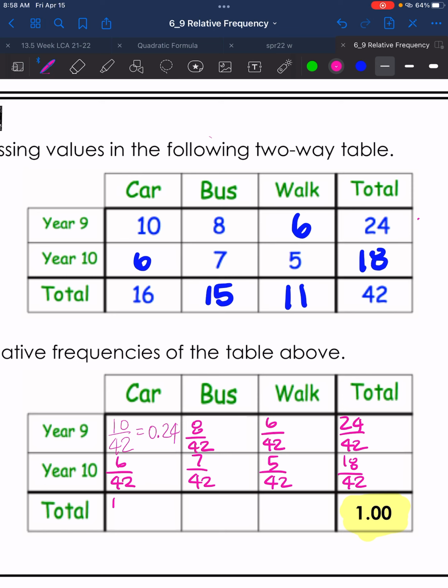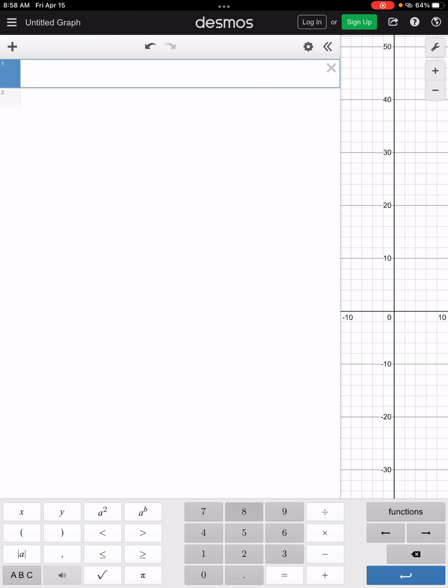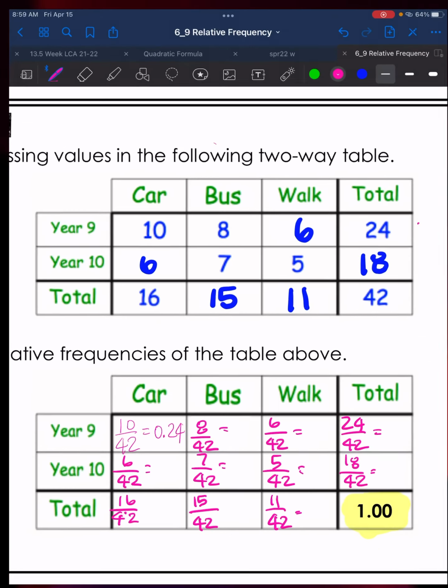So I'm just going ahead and making all of my fractions because I'm going to have to calculate the decimals of them in order to find my frequencies. It's going to be a little time consuming, but it's okay. I'm going to start by doing 8 divided by 42. That gives me 0.19.